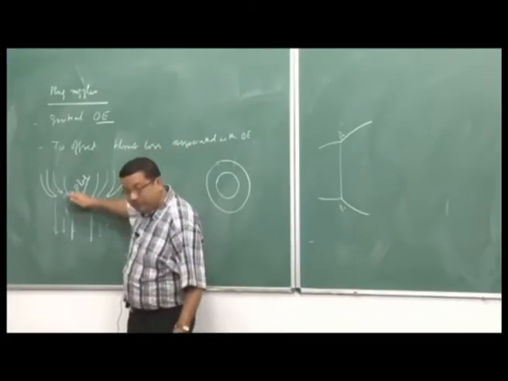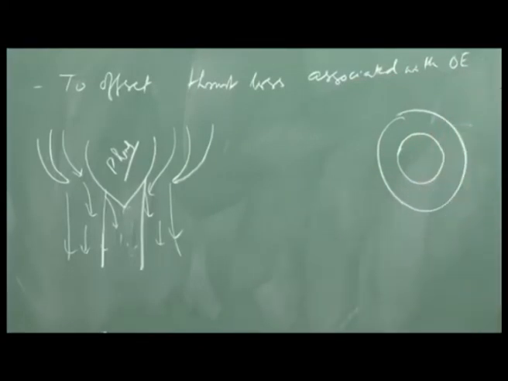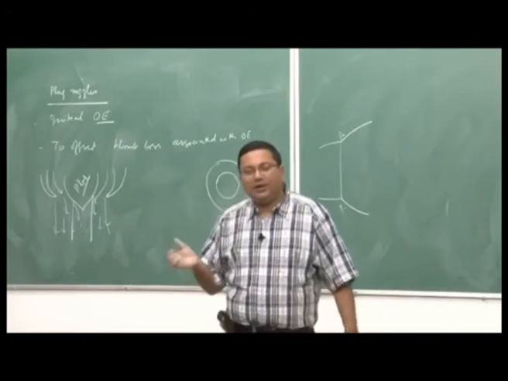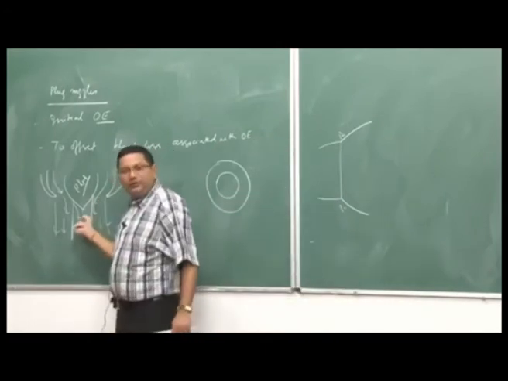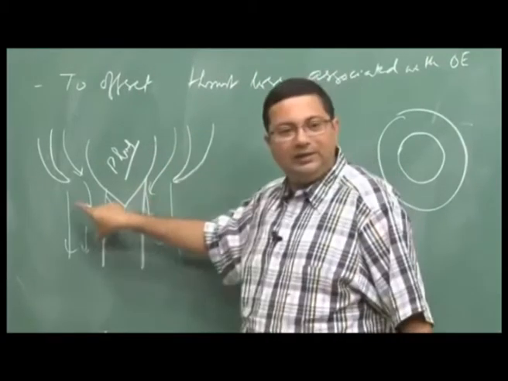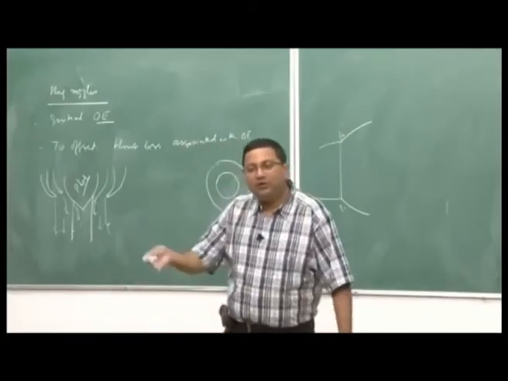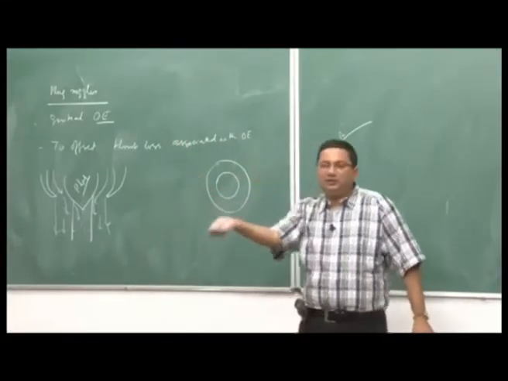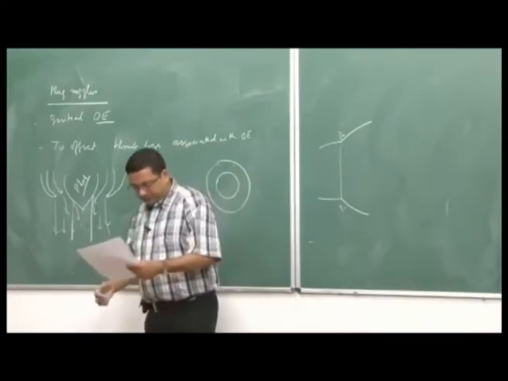Thirdly, this plug can be moved up and down also. So, we can change the area, we can change the shock location depending on our requirement. So, therefore, the losses induced by the shock wave can be reduced to a certain extent by providing this plug, and that offsets the thrust loss because of the over expansion during the initial stage of this rocket operation. So, that is one of the ways.